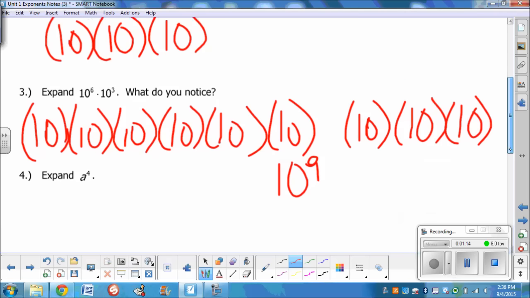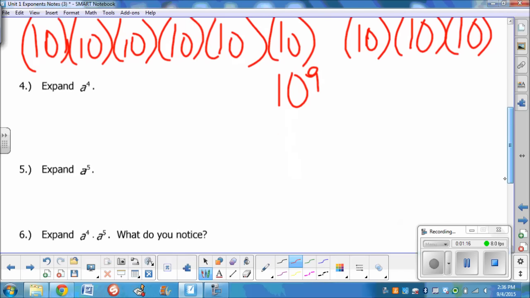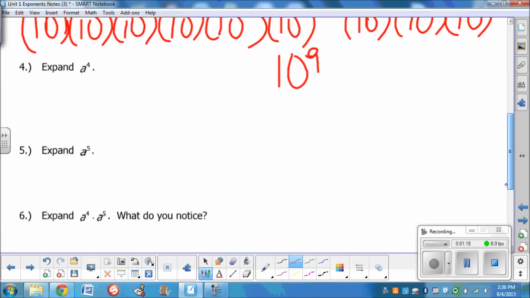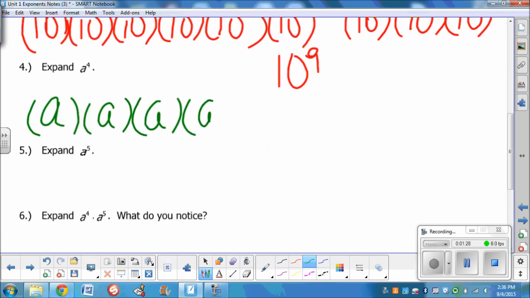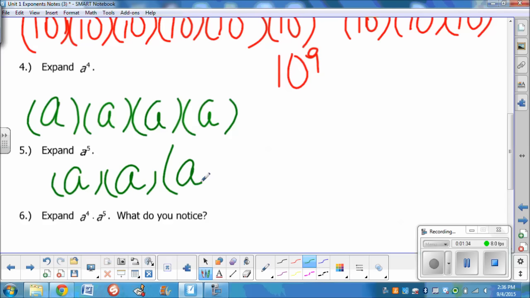If we were to expand a to the 4th and then a to the 5th, same type of question, but now using a variable. So we have 4 a's, and then we have a times itself 5 times.